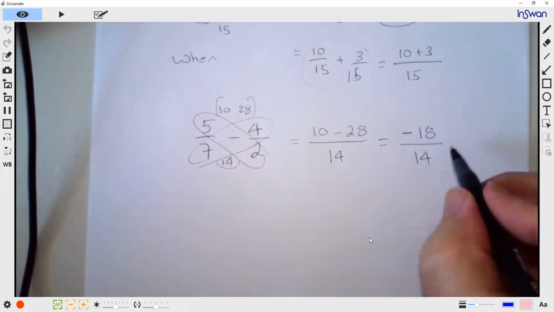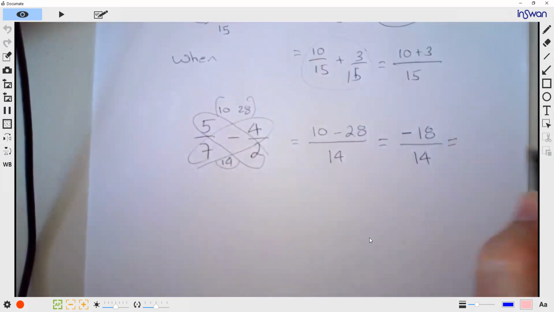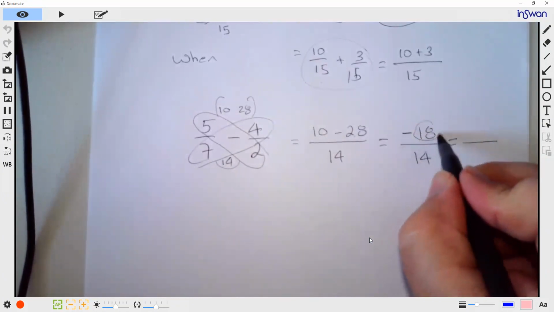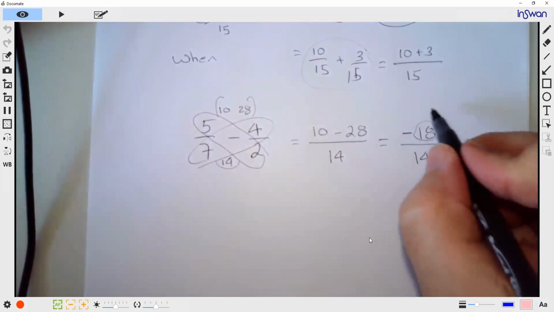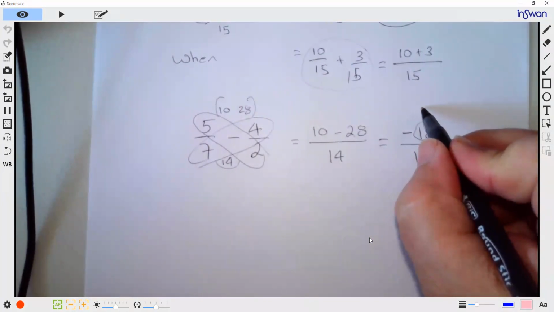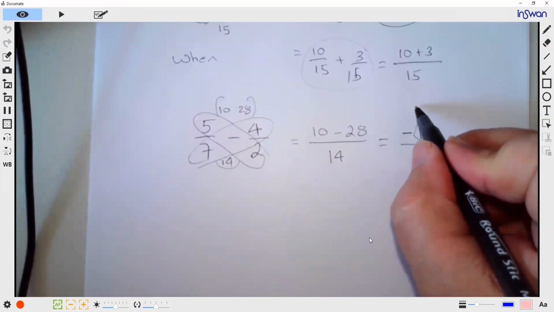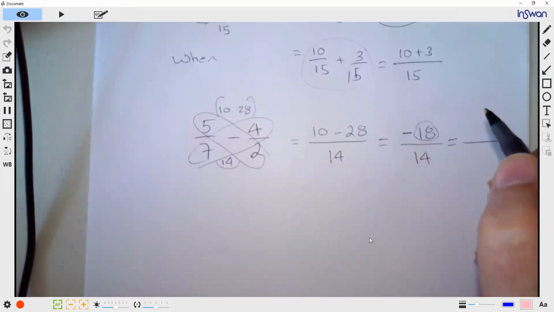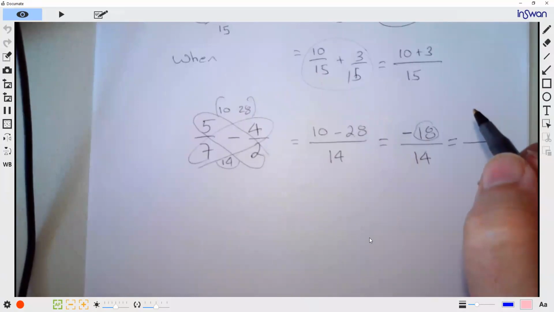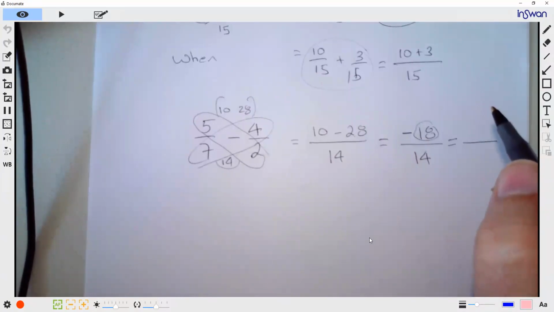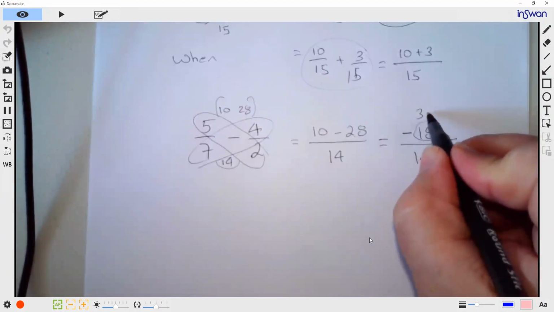Can you go any further? Probably. Yeah, otherwise I wouldn't ask. So let's see. What is 18 made up of? 3 times what? 3 times 6.